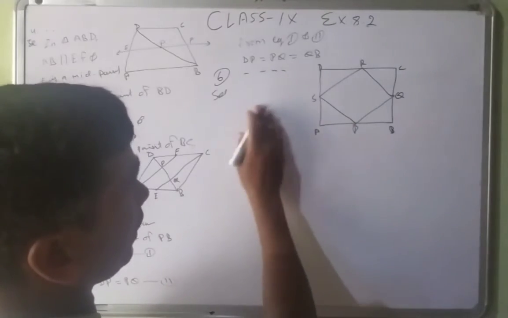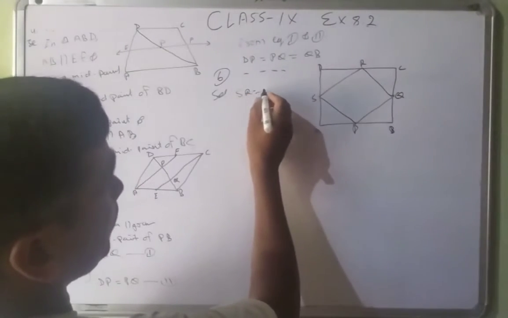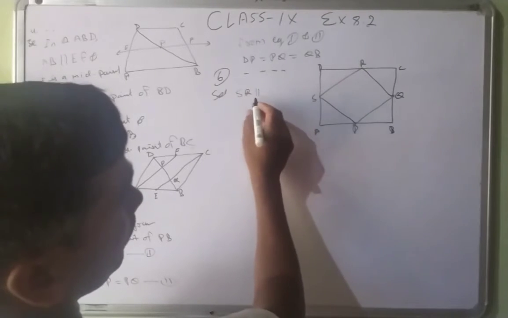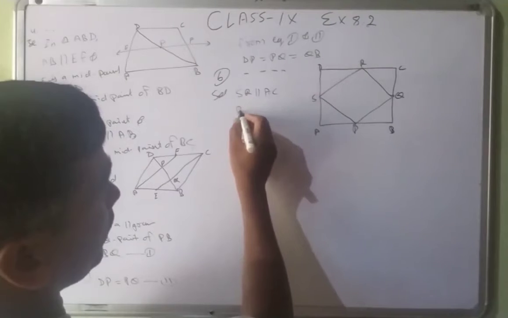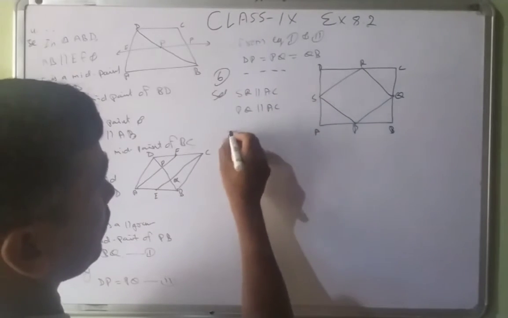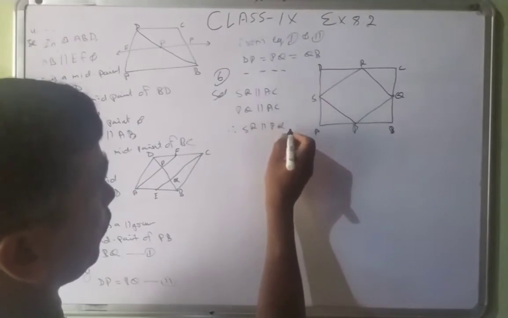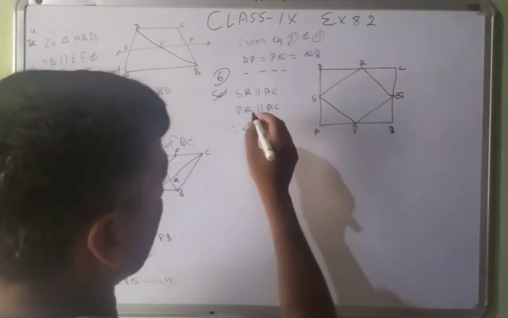First you can write here like this: SR parallel to AC, and PQ parallel to AC, so SR is parallel to PQ.